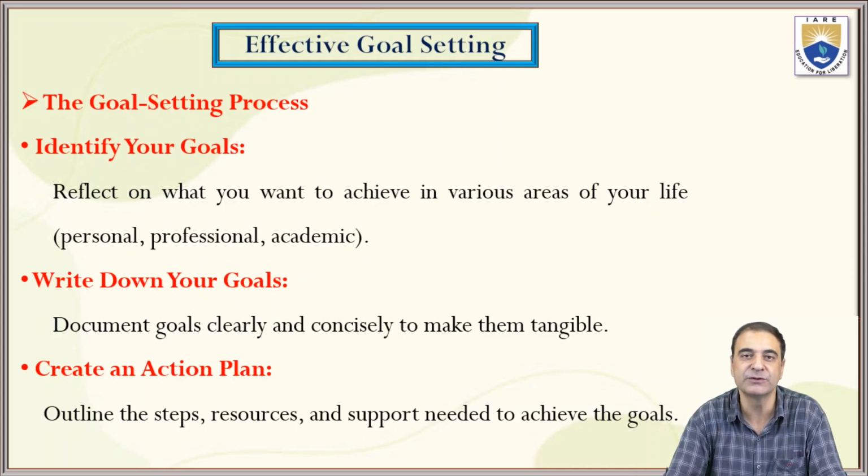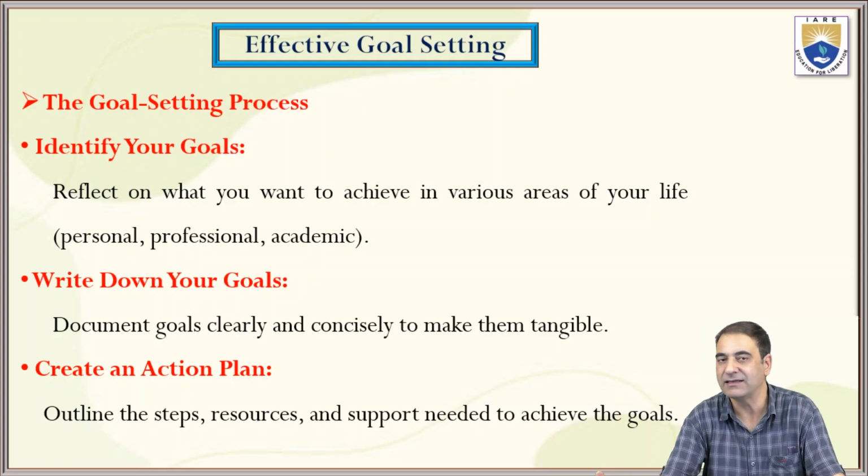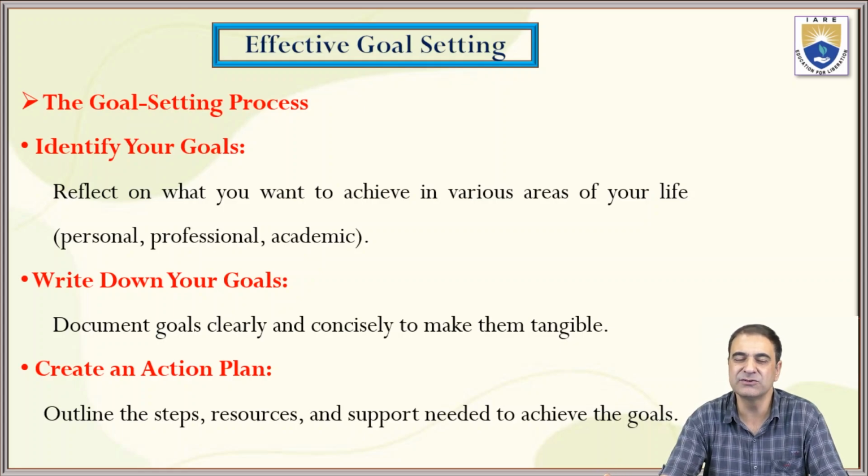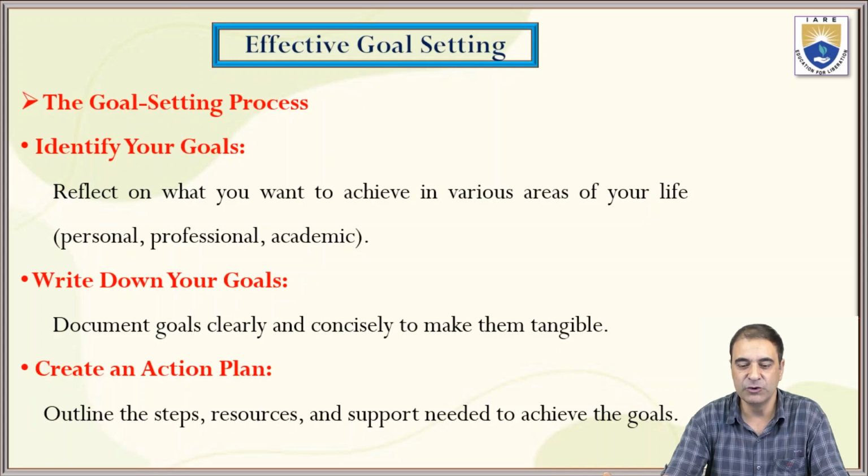And the next important point is write down your goals. Document goals clearly and concisely to make them tangible. Write down your goals so that you will be very clear about them. There will be no ambiguity about your goals. You will be clear about what I have to achieve and in which period I have to achieve this.